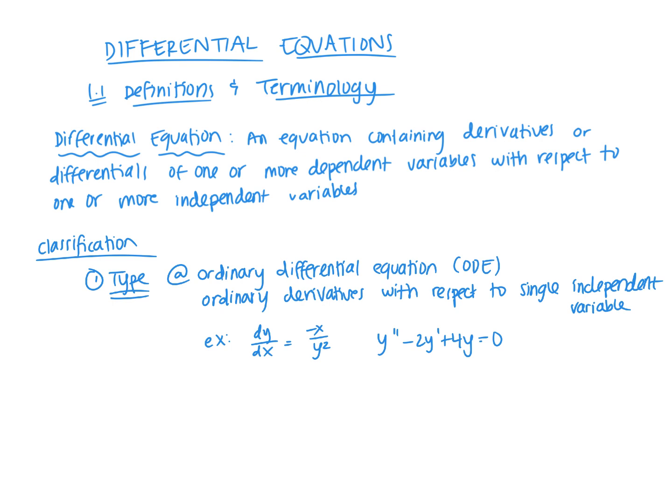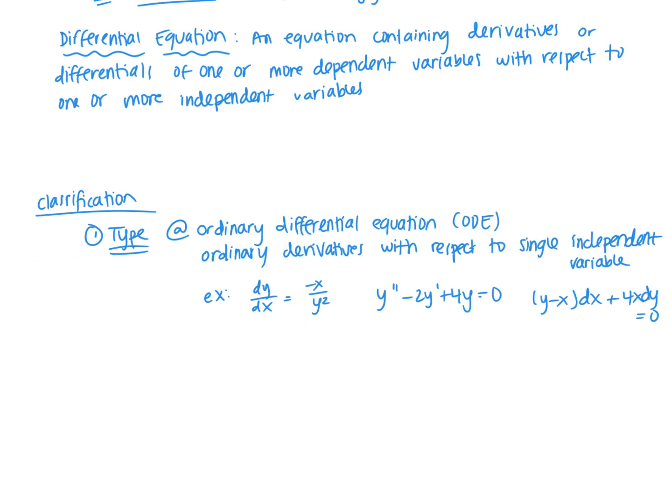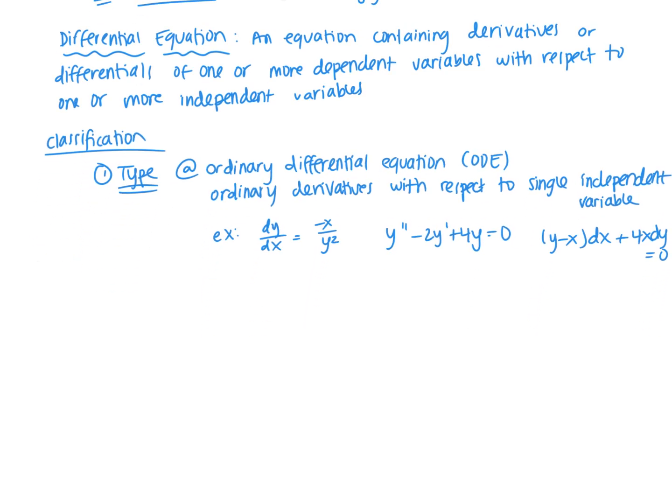With differential equations, sometimes you might have differentials instead of derivatives. So you also could have something like y minus x dx, add 4x dy equals 0. That's another one. So that's the first type.